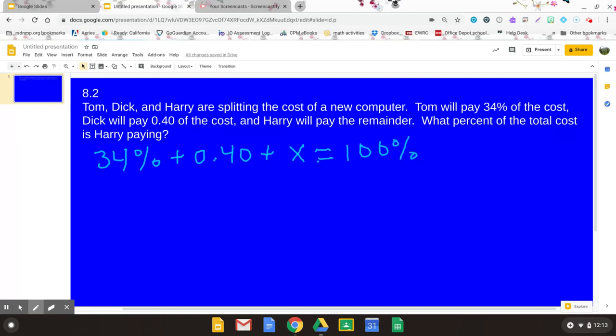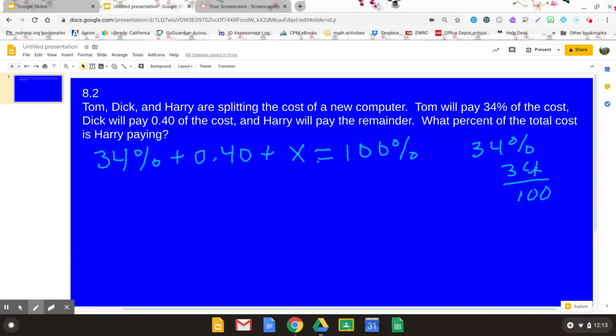So now you have to turn those numbers into something that you can work with in the equation. It's difficult if you have a percent and then you have a decimal. So I'm going to turn that 34% into a decimal. I know that 34% as a fraction is 34 over 100, because remember, percent means per 100.